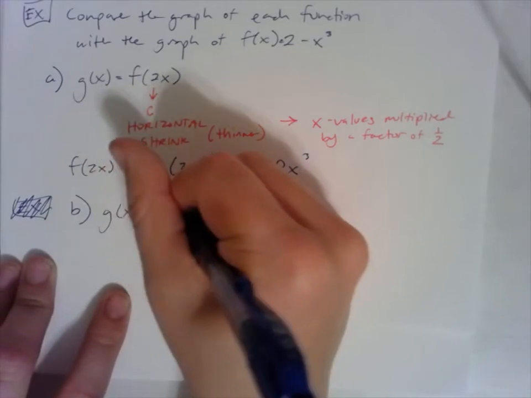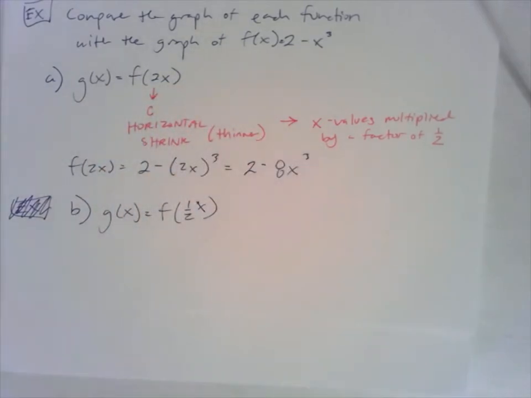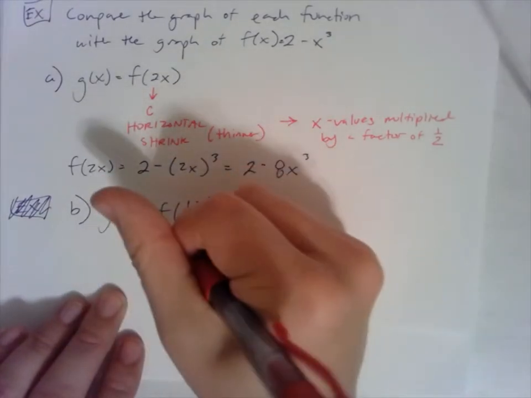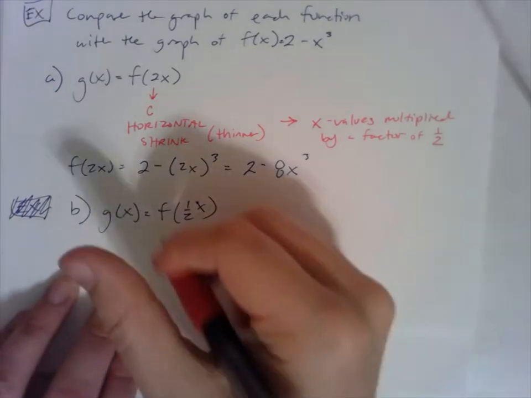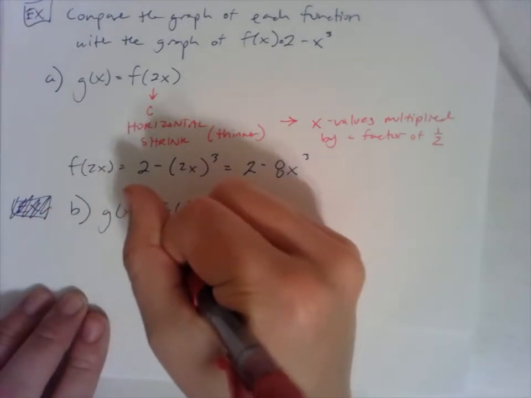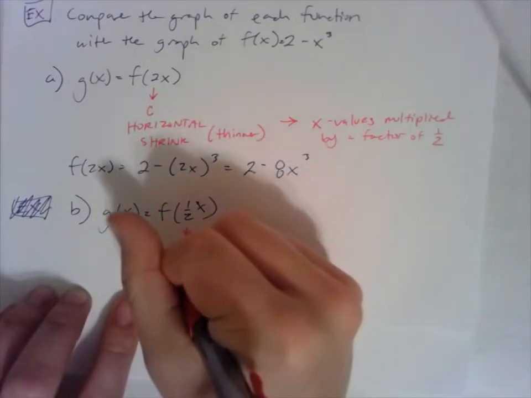And what we can say about that is that our c value is between 0 and 1. So now what we have is a horizontal stretch. We know our graph is going to get wider.